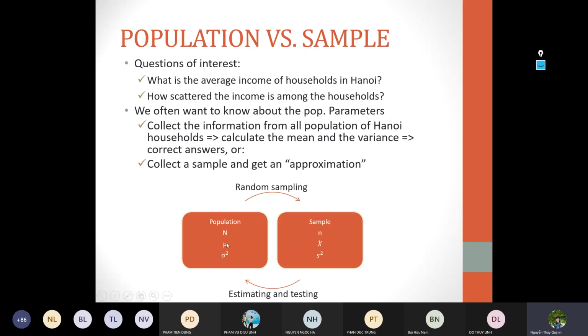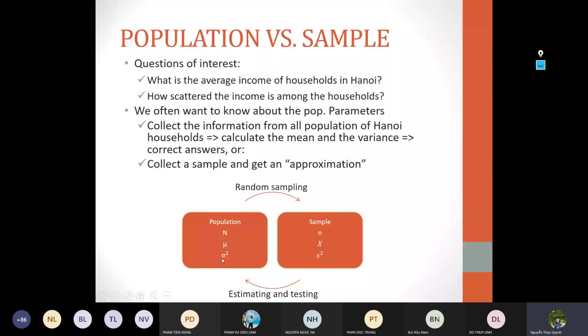From the population, we take a random sample, and for the sample we calculate the sample mean x bar and the sample variance s squared. We call these the sample statistics. From the sample statistics we estimate and do hypothesis testing about the population parameters to get a closer understanding of them.